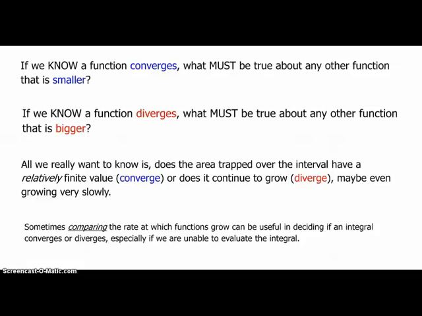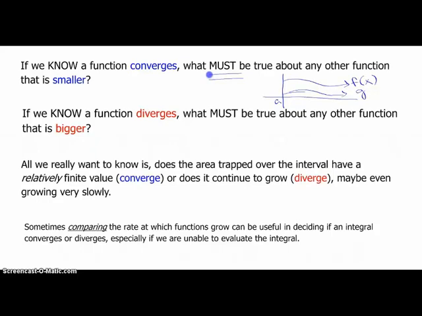Well, if we know a function converges, what absolutely must be true about any other function that is smaller? And by smaller, I mean any other function that lies in the plane everywhere below the function that you found to be convergent. Let's say we know that over the interval from a to positive infinity, the area under f of x converges.